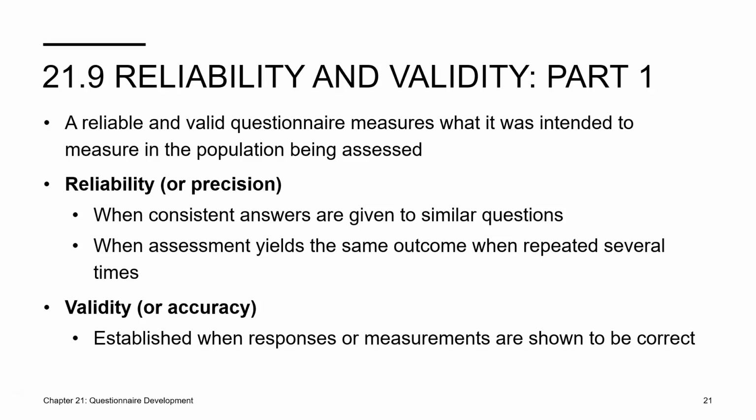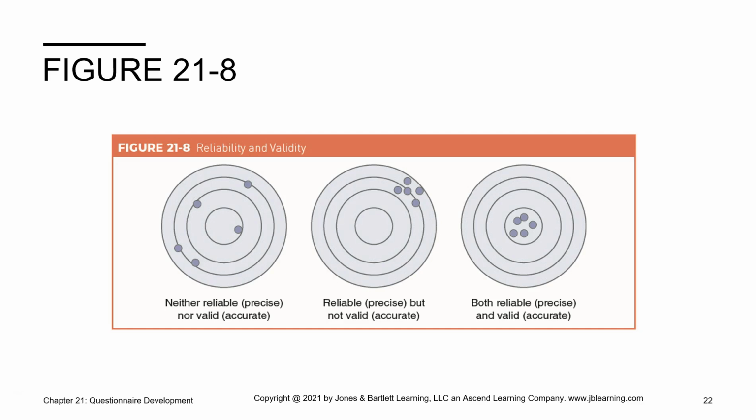Validity is the accuracy, and this is established when responses or measurements are shown to be correct. This is a good figure of a dartboard that shows reliability and validity. In the past, I've actually brought a dartboard to class sometimes, which has been kind of fun to see how different the responses are. So a valid response, the accurate response, is the bullseye here.